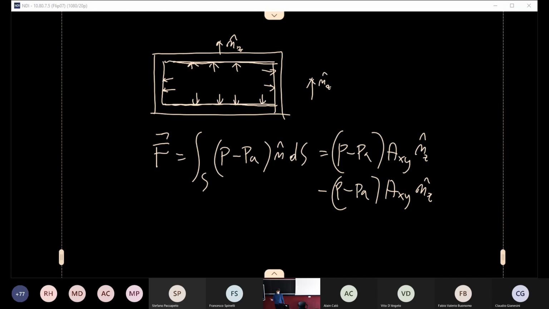This is true also if we consider this wall, and also this one and the other one in the other direction. In general, what we know is that this is a constant that we bring outside if pressure is equal everywhere as it is in a static condition, and we know that this is 0.